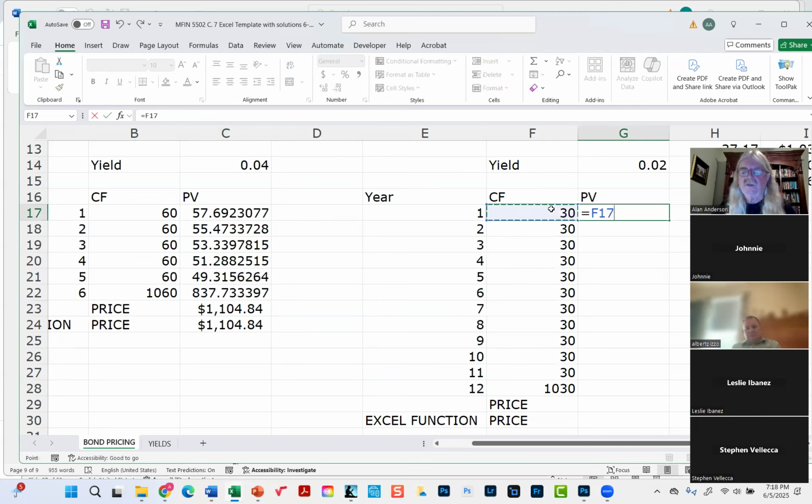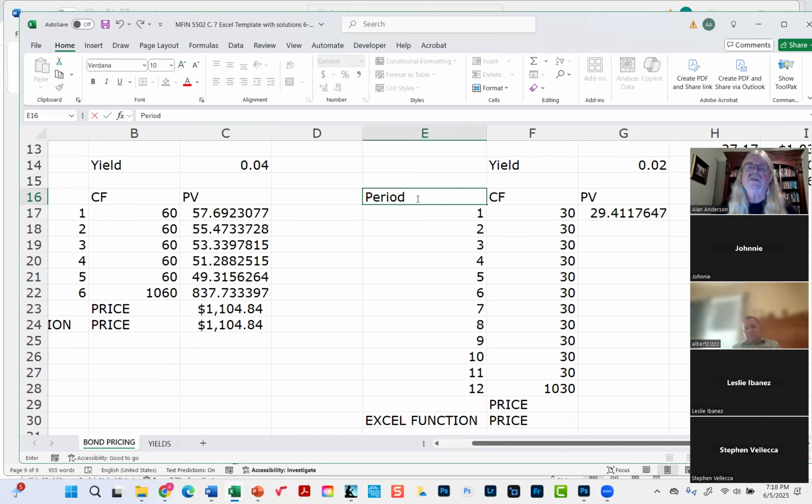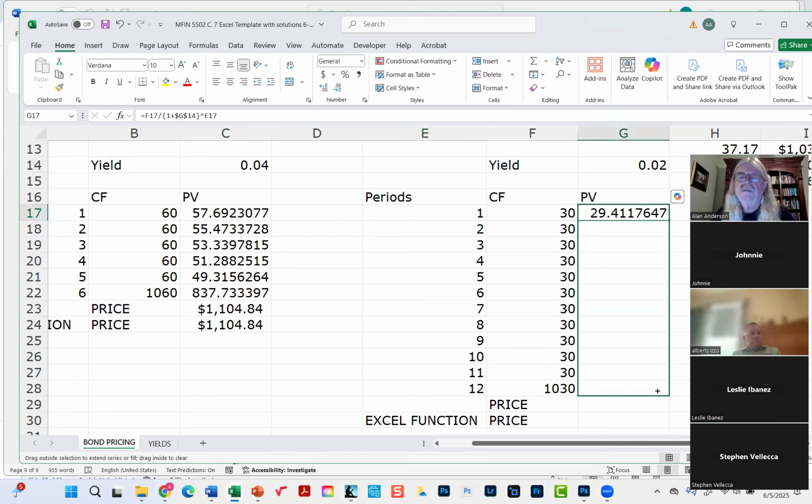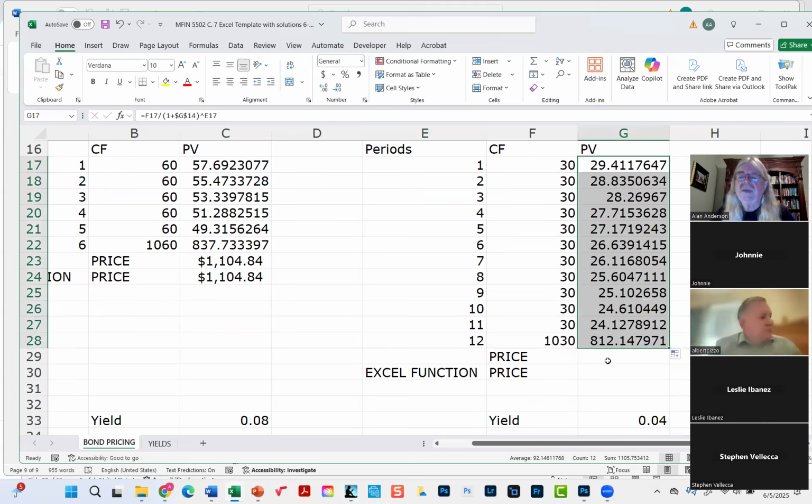You've got this cash flow divided by 1 plus the semi-annual yield. The exponent is the number of semi-annual periods in the future. This, by the way, should have been changed to periods. I just noticed that now. We're going to drag it down, and we're going to see how much of a difference it made.